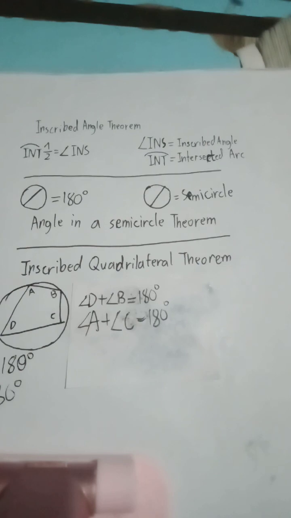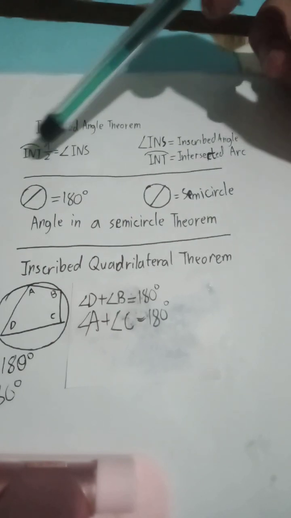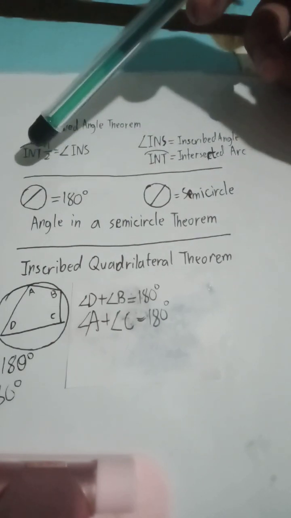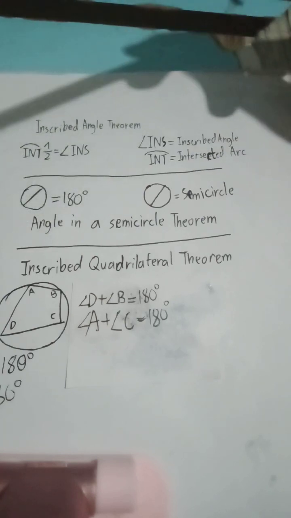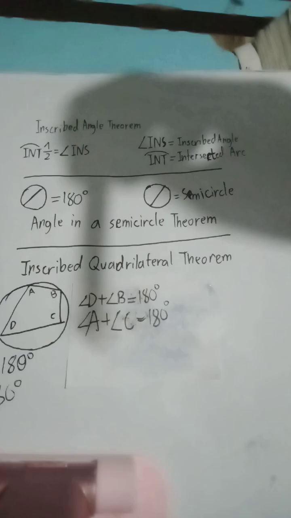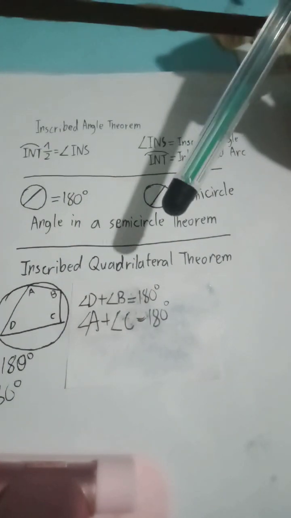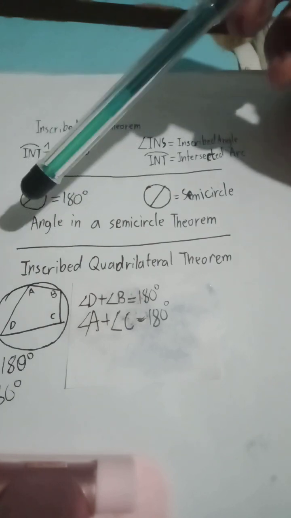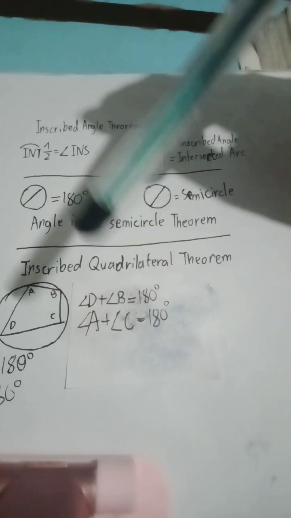Okay, now a quick recap of what we have learned. This is the inscribed angle theorem, which is that an inscribed angle is equal to half of the intercepted arc. The angle in a semicircle theorem, which is that a semicircle always equals 180 degrees.